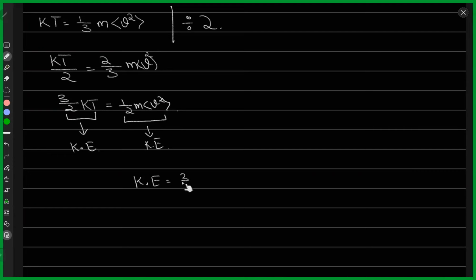Sir, how did that become half? Which one? Half m v square? Oh, you mean this thing? Yes. Just give me a second. Basically, we have KT is equal to 1 by 3 mv squared. Now, I want 1 by 2 over here.